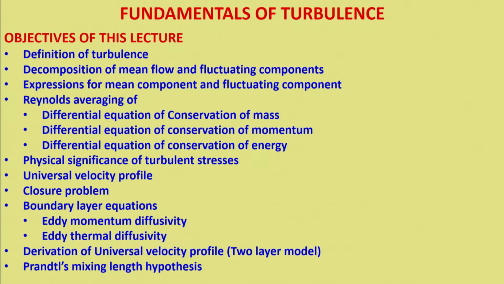After we do this, we are going to get turbulent stress terms, so we will understand the physical significance of these turbulent stresses. From there we shall introduce ourselves with the universal velocity profile, and then we shall understand the closure problem and write these Reynolds averaged equations as boundary layer equations and introduce the concept of eddy momentum diffusivity and eddy thermal diffusivity.